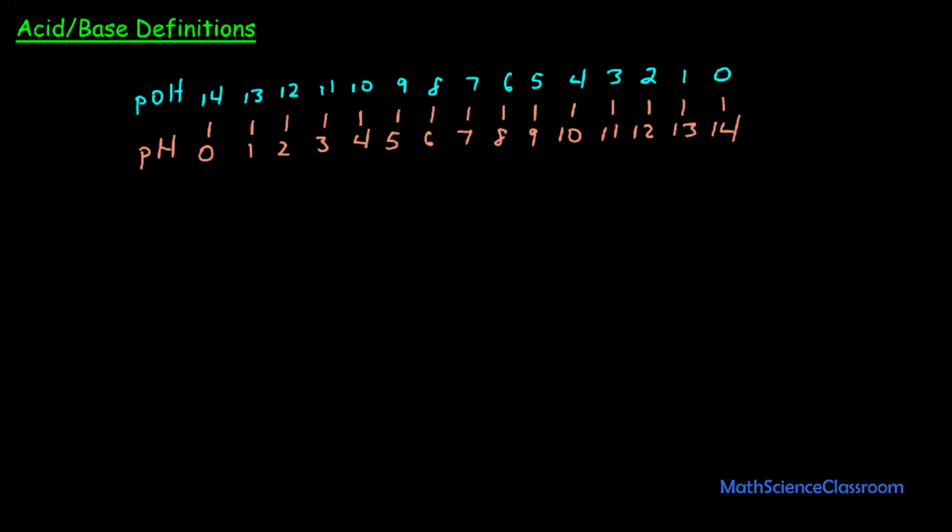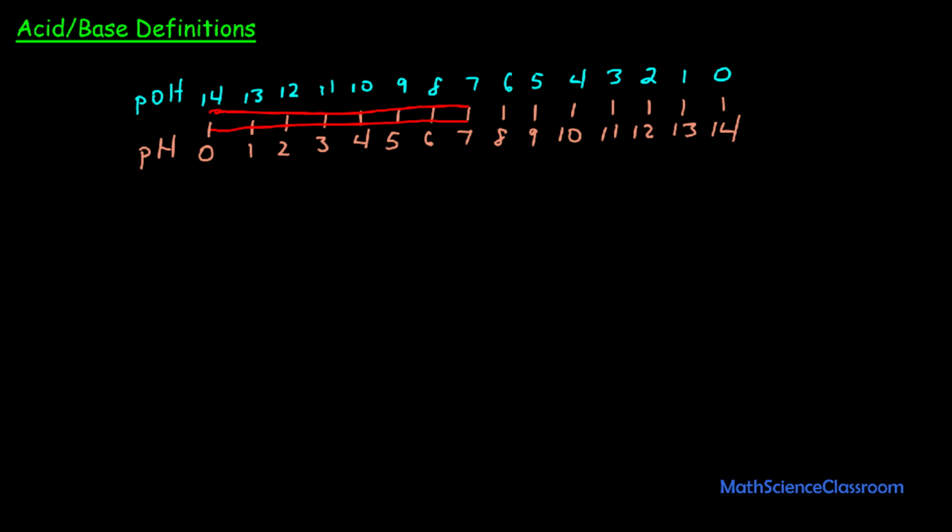So notice that from less than 7 to 0 on the pH scale, we have acid.